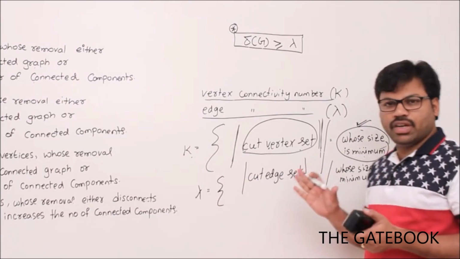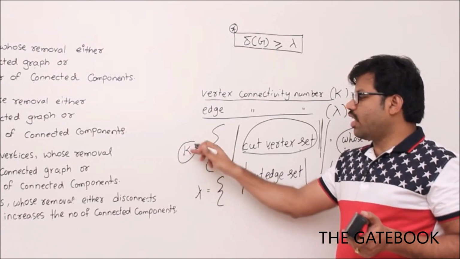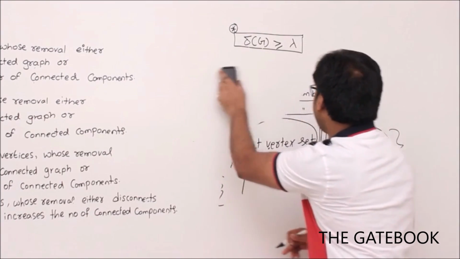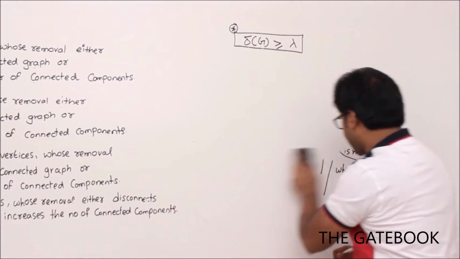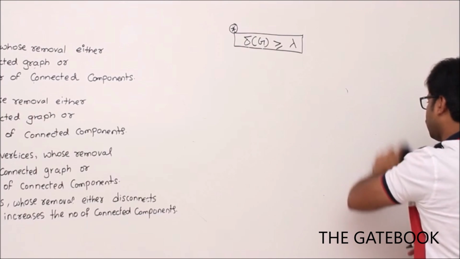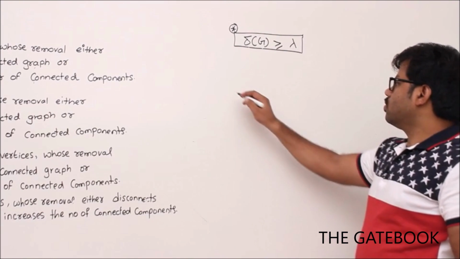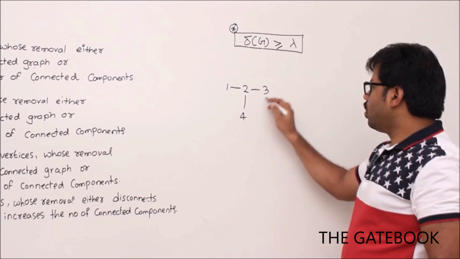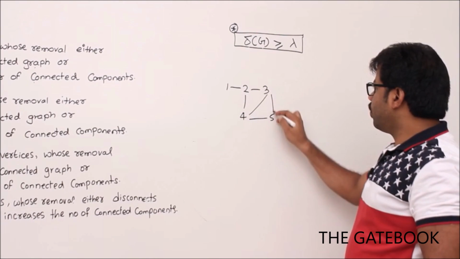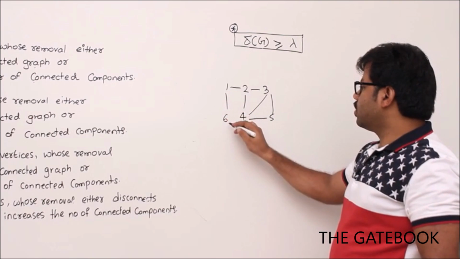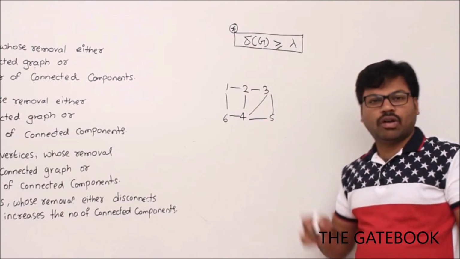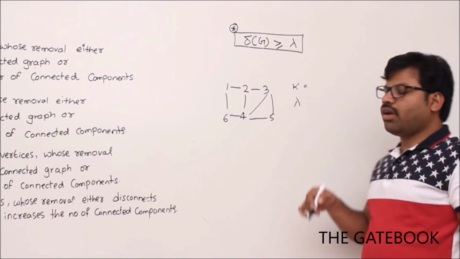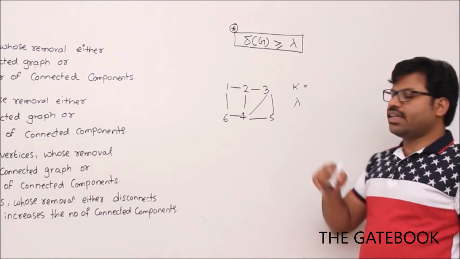We'll see one example and try to calculate the K value and lambda value in this problem. Example: let's take 1 to 2, 2 to 3, 2 to 4 like this, and 5 and 6 like this. For this problem, what are the K value and lambda? What is K? The minimum number of vertices required to disconnect this graph.